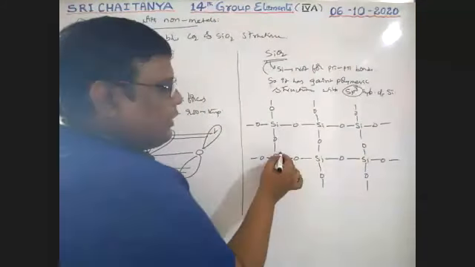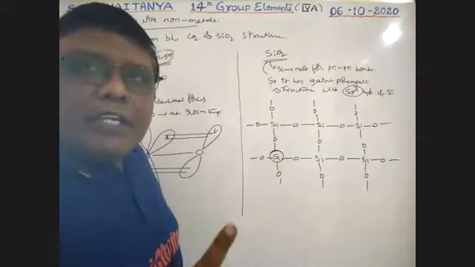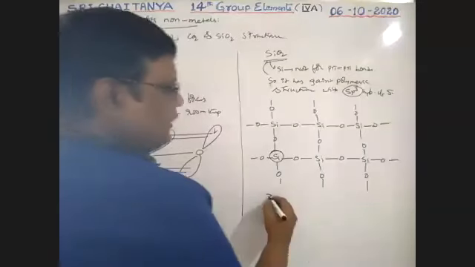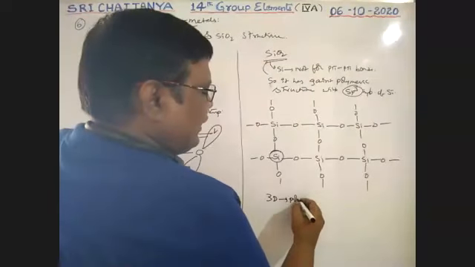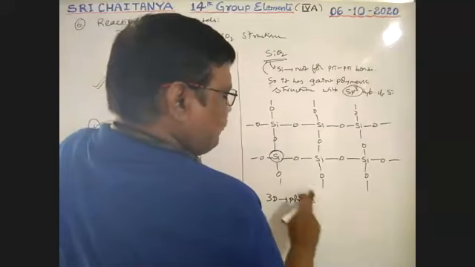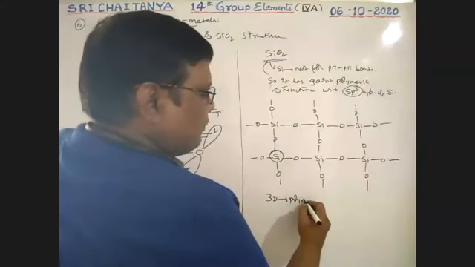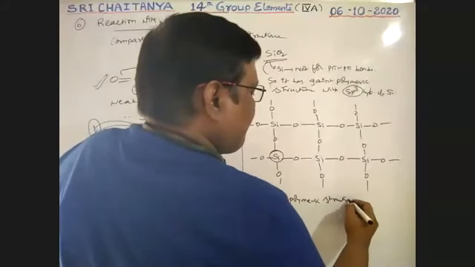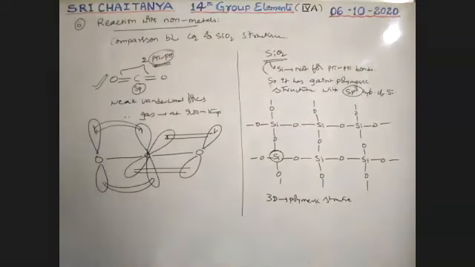Here silicon hybridization is sp3, and it is a giant 3-dimensional polymeric structure.